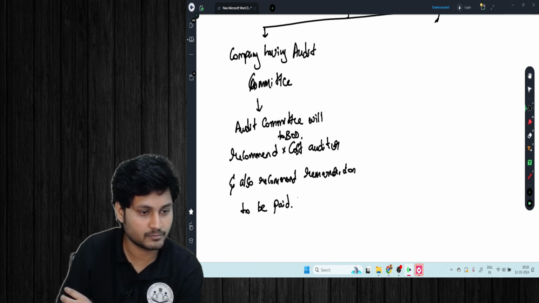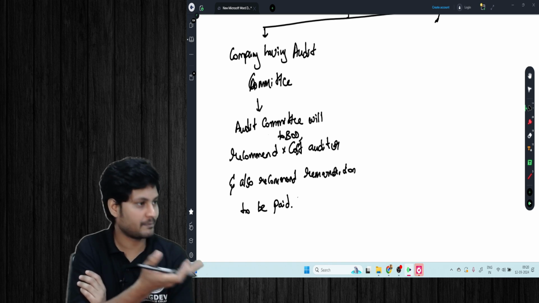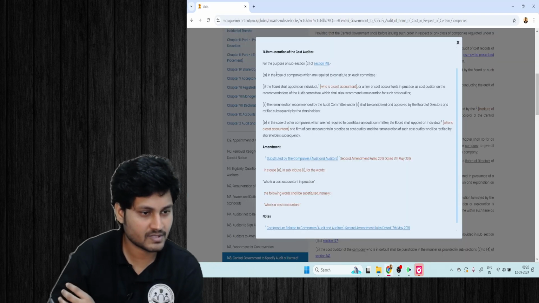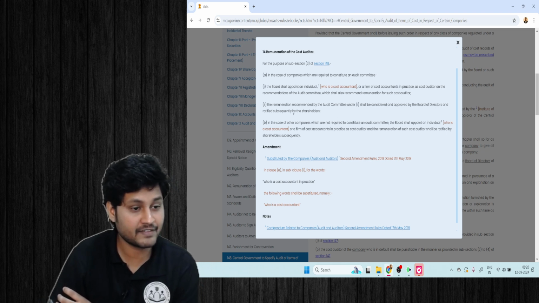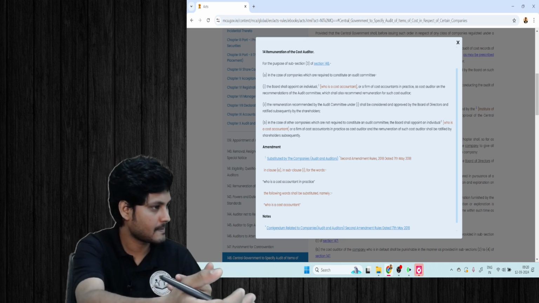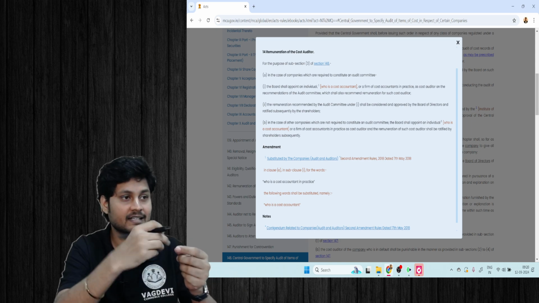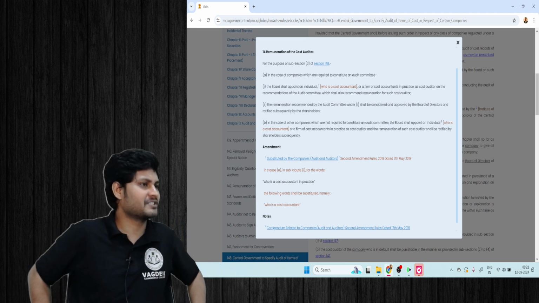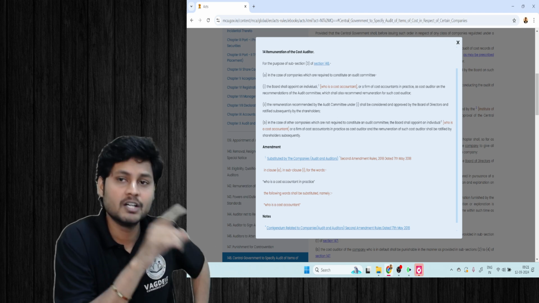Yes, here, board of directors, about who should be appointed as cost auditor and also the remuneration to be paid. The remuneration recommended by the audit committee shall be considered and approved by the board of directors and ratified subsequently by shareholders. So the audit committee will suggest to whom? BOD. BOD will approve and BOD will get the ratification from shareholders. Ratification means what? Subsequent acceptance. It is already accepted by the board of directors, which should also be accepted by shareholders.